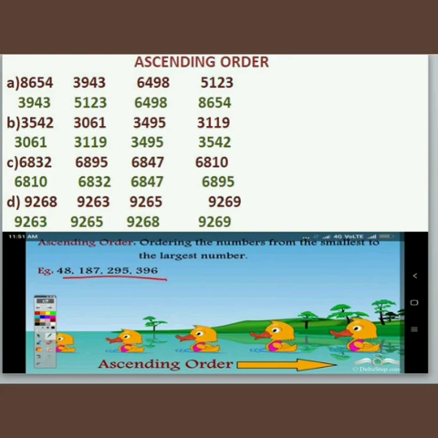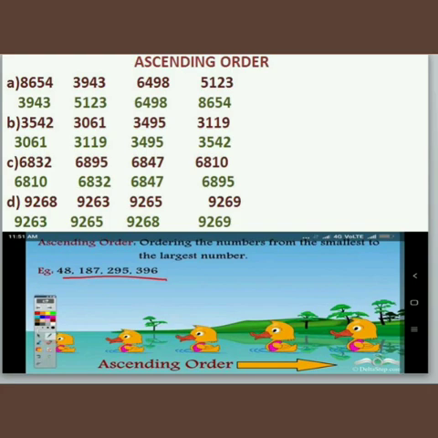Next, in the third example, the numbers in the thousands and hundreds place are the same. So we move into the tens place and then arrange the numbers from smallest to biggest, forming the ascending order. In the last example, the numbers in the thousands, hundreds and tens place are the same. So we move into the ones place and arrange the numbers from smallest to biggest. Then we get the ascending order of the numbers.